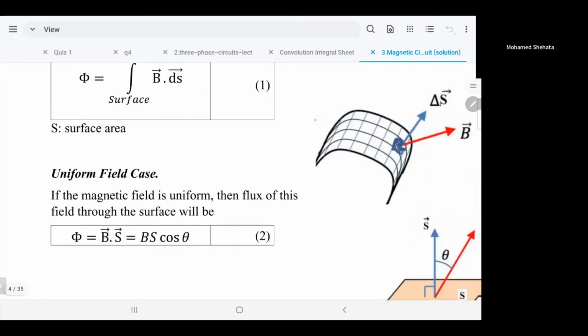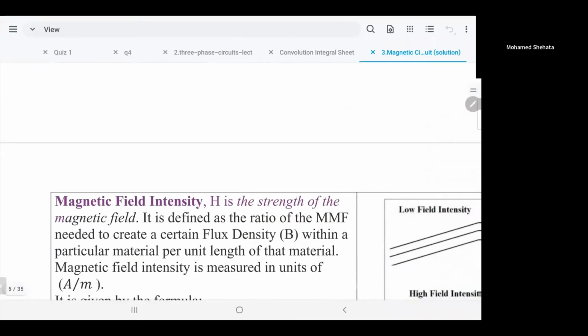So it will be the flux density times the area and cosine theta if it's shifted. So that's how to find total flux.